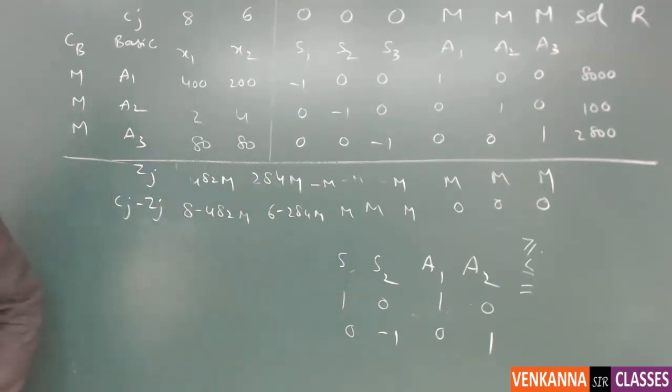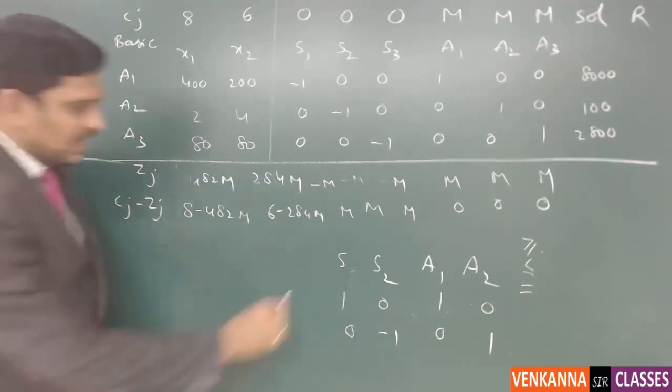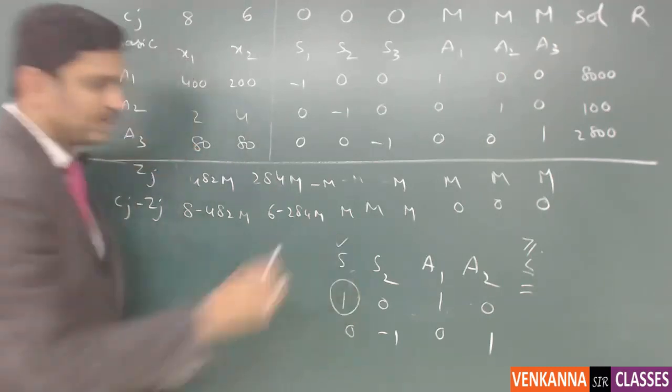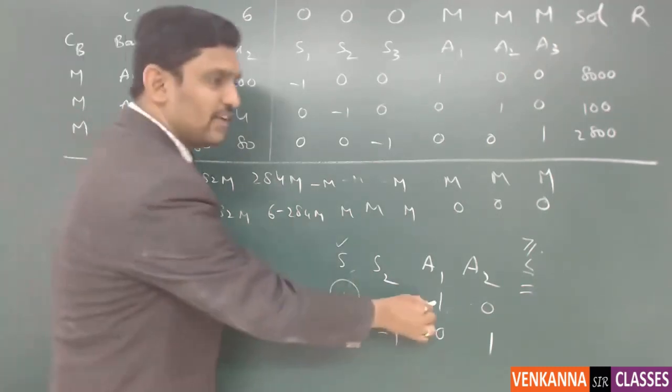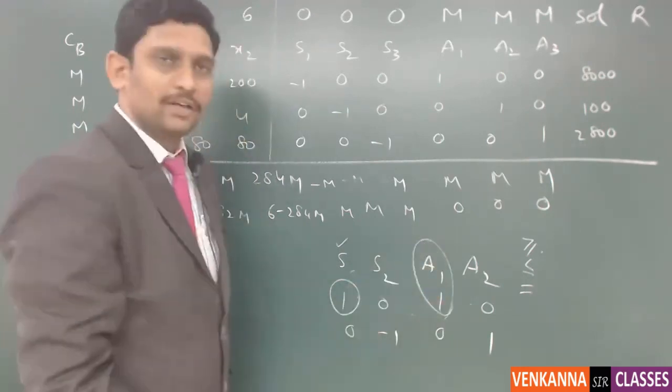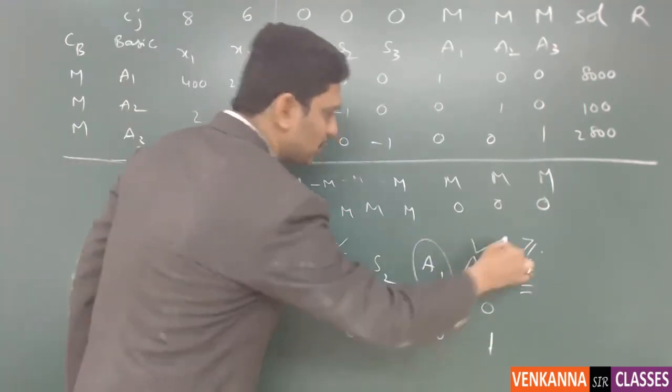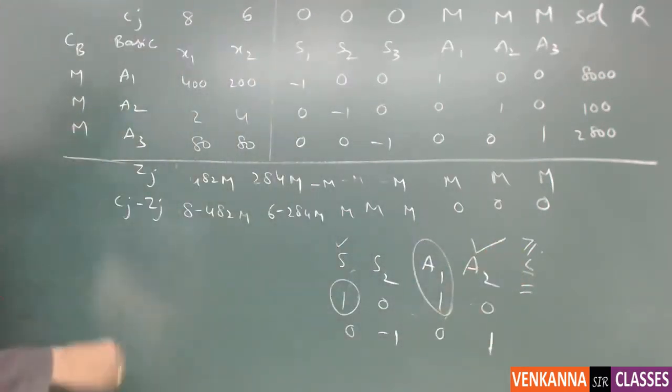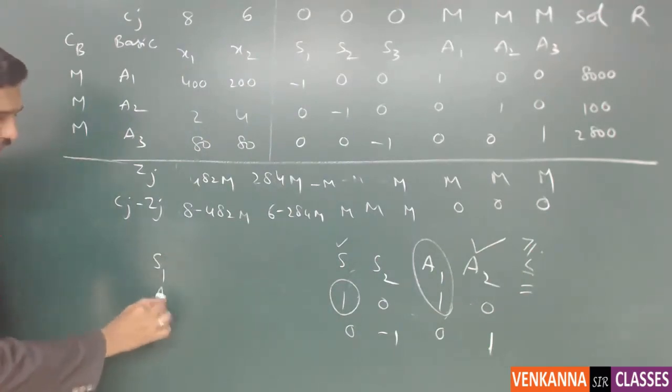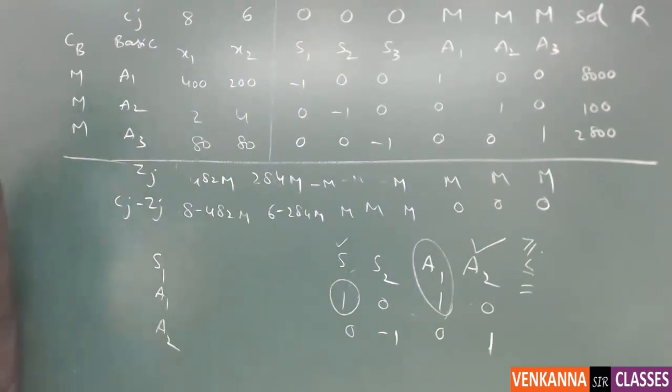What are the variables we are going to take here? S1 has a value 1, so we should take S1. A1 has value 1, so we should take A1. A2 has value 1, so we should take A2. So in the iteration table, S1, A1, A2 will come. Does it make sense?